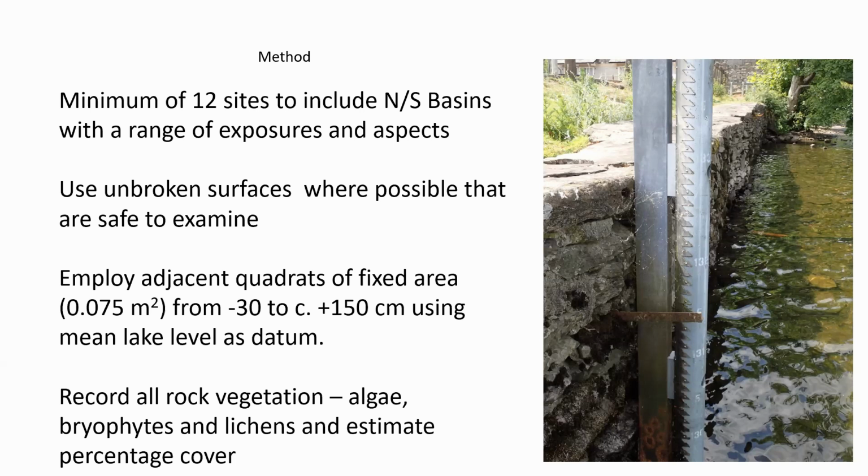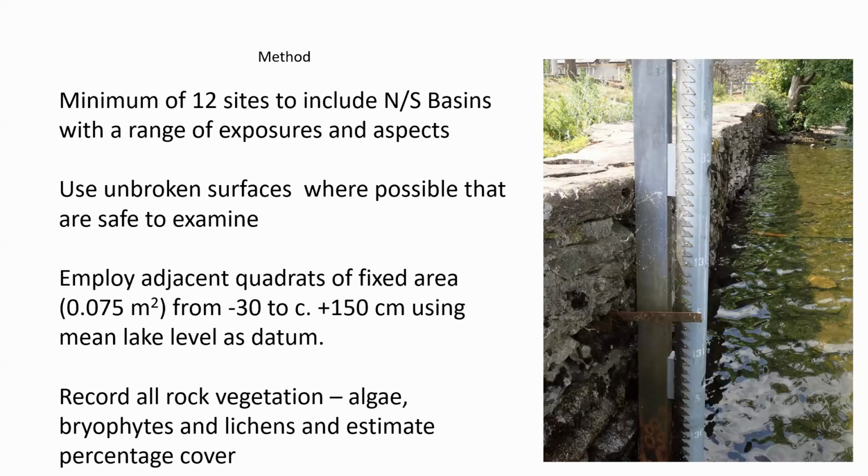The aim then is to record all rock vegetation, algae, bryophytes, and lichens, with an estimate of percentage cover within these quadrats. I've kept the quadrats the same area, 0.075 square meters, and I've used them at 15 centimeter intervals above and below the datum.